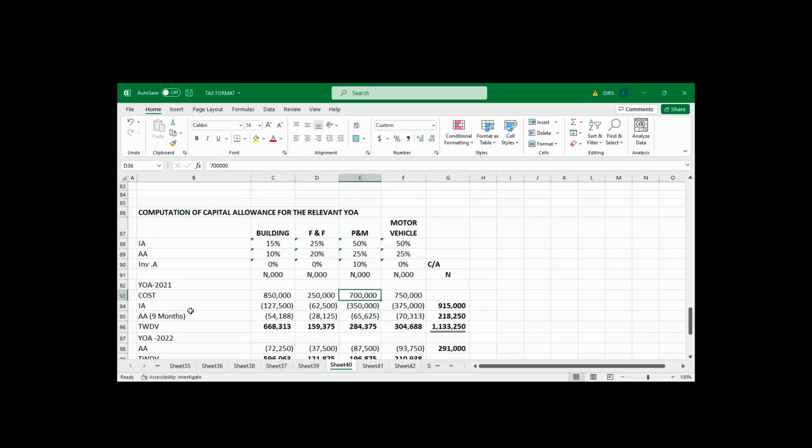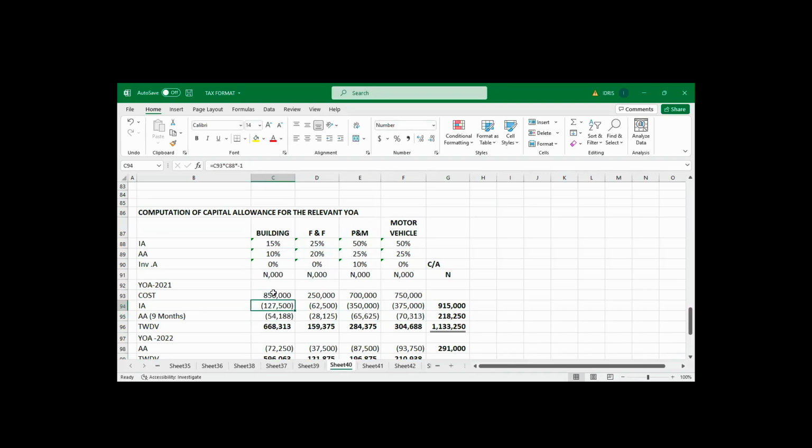Initial allowance. What will be the initial allowance for building? 15% is the initial allowance. 15% of what are we going to use for this building? It's going to be 15% of the cost.